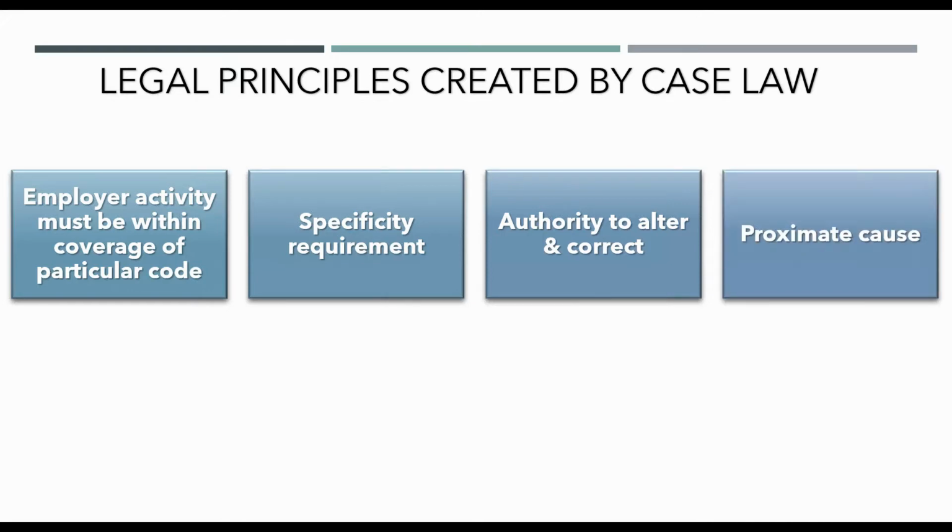Proximate cause. An employer can be in violation of a specific safety requirement, but if the facts show that that violation was not the proximate cause of the injury, then there's no basis for an additional award of compensation.